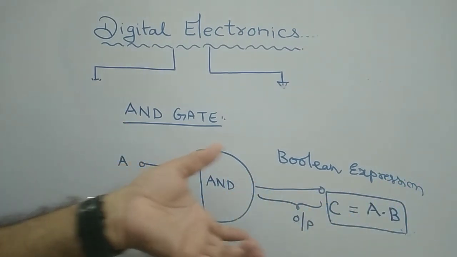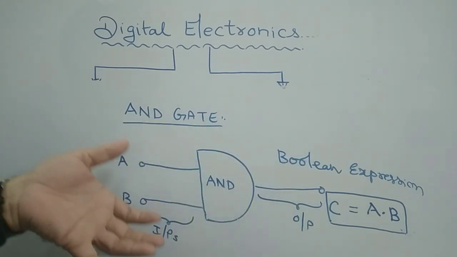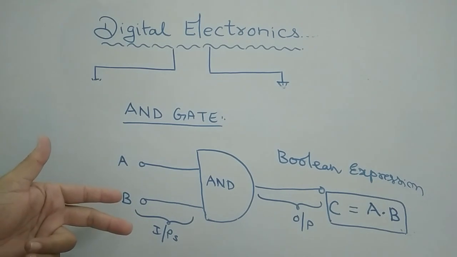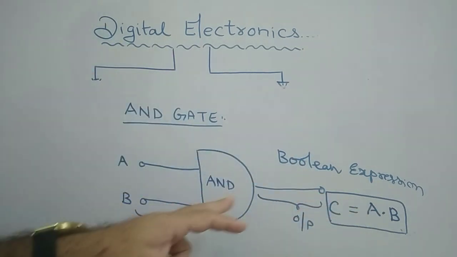For the AND gate, the output C is simply the multiplication of the input A into B. That is the output of the AND gate.